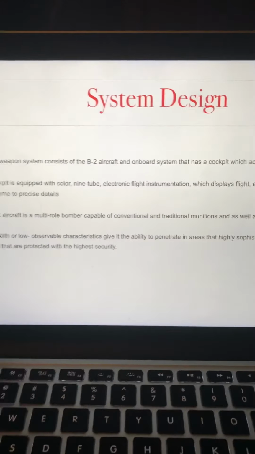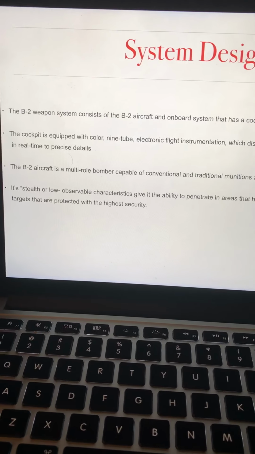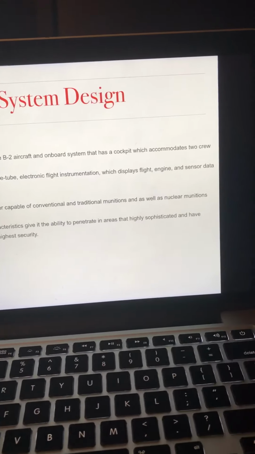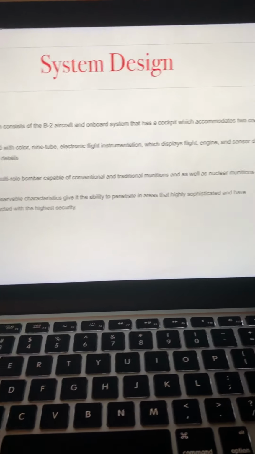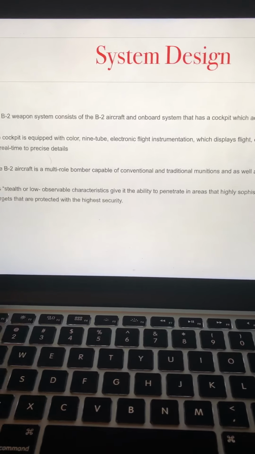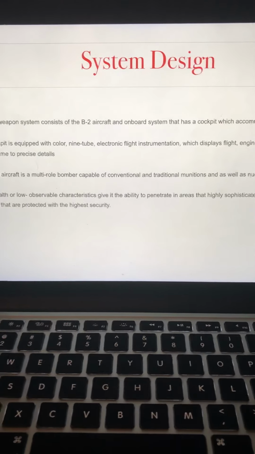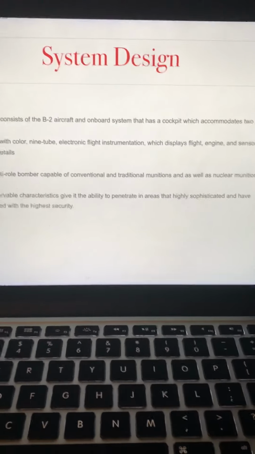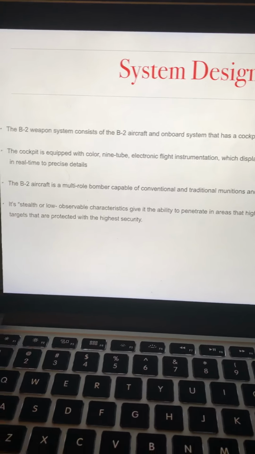To give more detail about the system design, the B-2 weapon system consists of the B-2 aircraft and an onboard system that has a cockpit which accommodates a crew of two. It's equipped with color electronic flight instrumentation displays for the flight and engine sensor data in real time to very precise details.